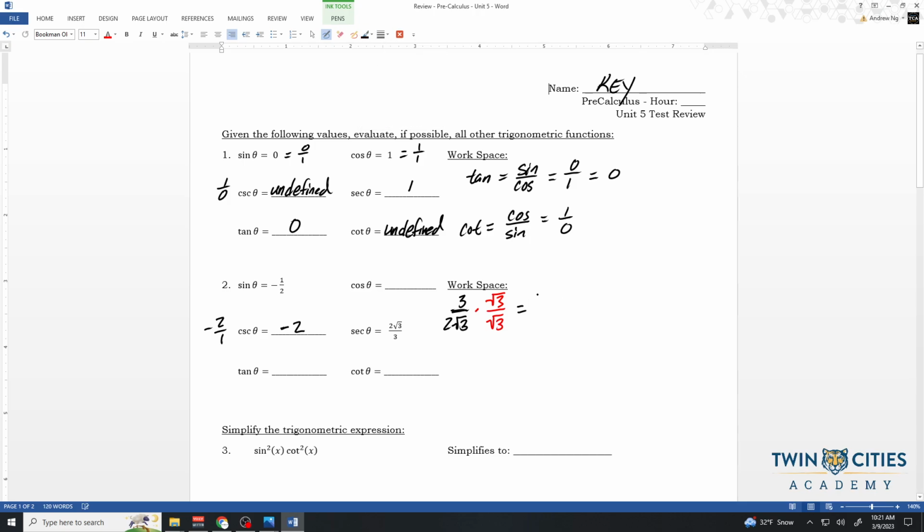So this is going to be 3 square root of 3 over 2 times 3 is 6. And then 3/6, this can reduce to 1/2, so this will be the square root of 3 over 2.